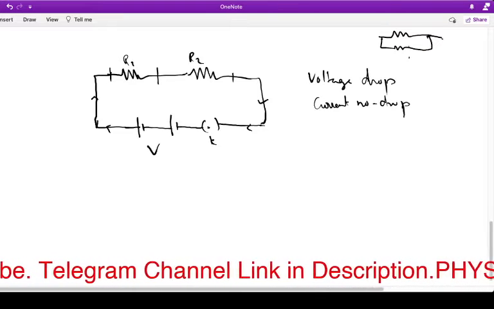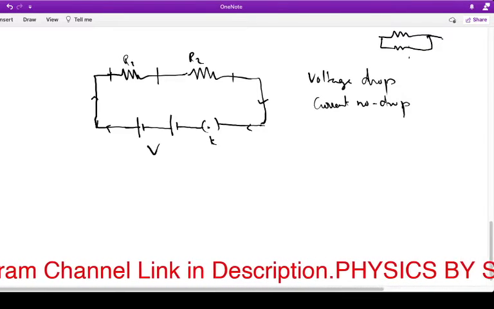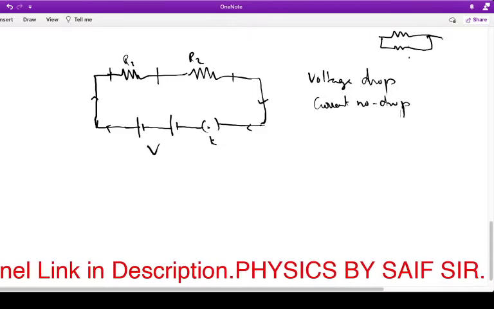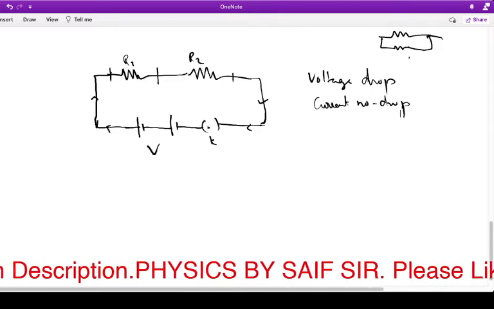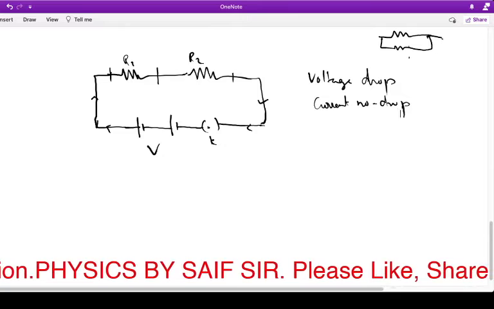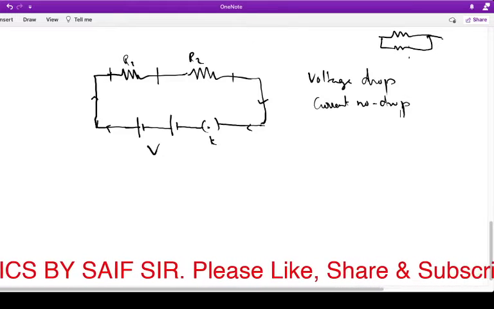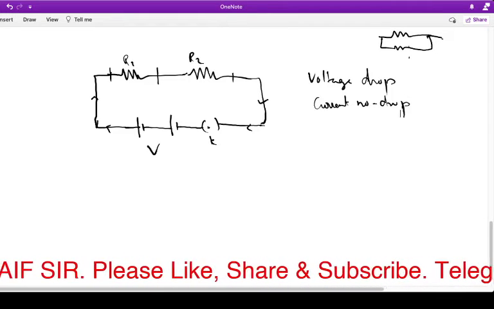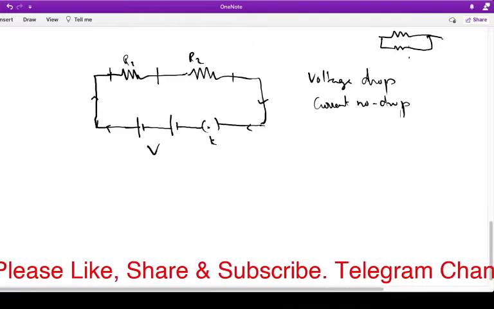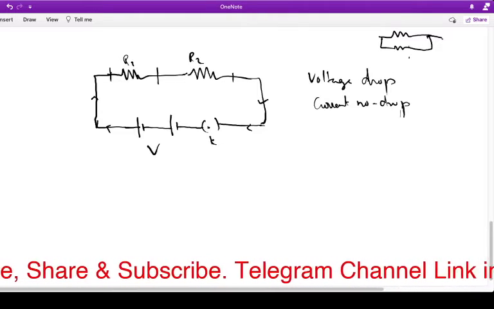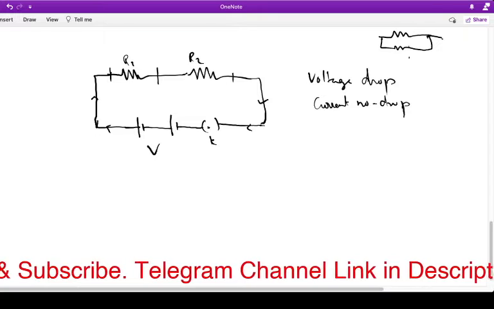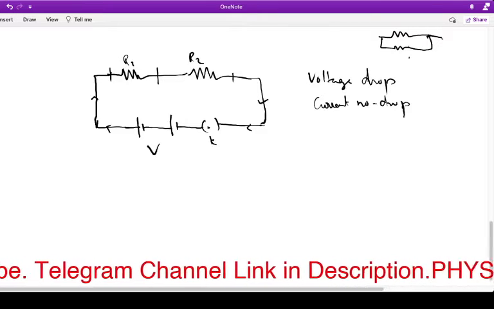Just for understanding's sake, you can take a river flowing. If there is a hole somewhere in between, some water will get dropped, but the flow of current will be continuous. The flow of river water goes on, but there is a decrease in voltage because the water drops from the hole.